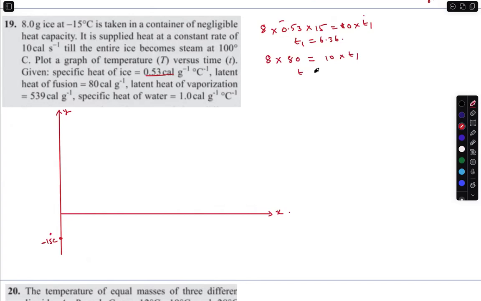So remember, this is an interval. So when I write T2, it is T1 dash plus T1, which is 64 plus 6.36. That is 70.36.